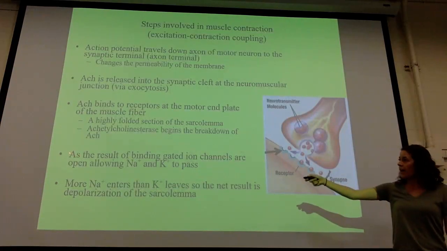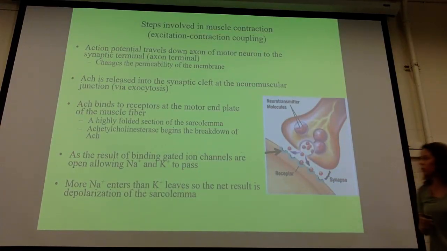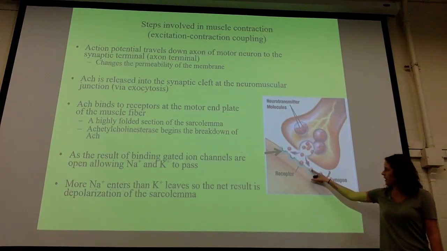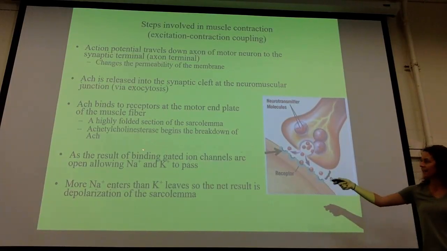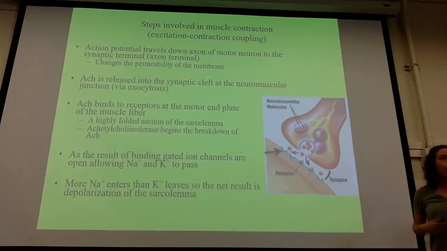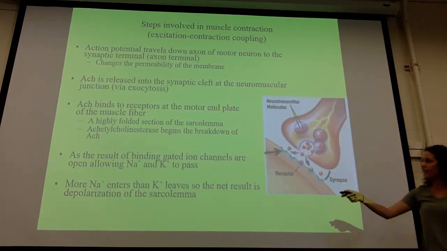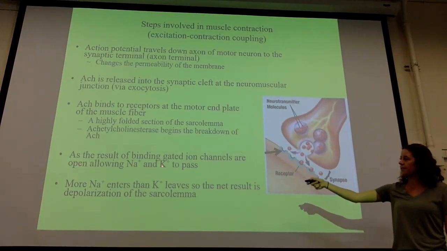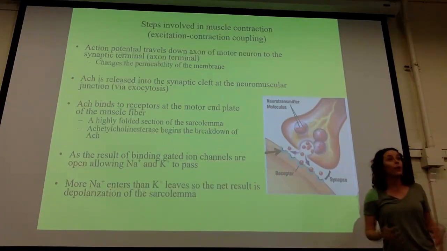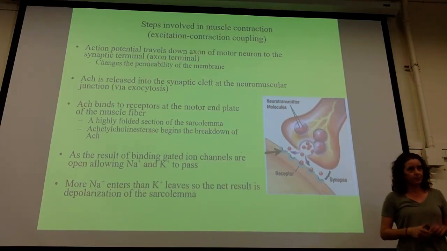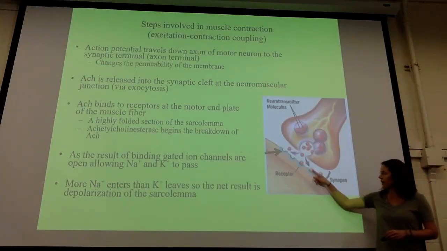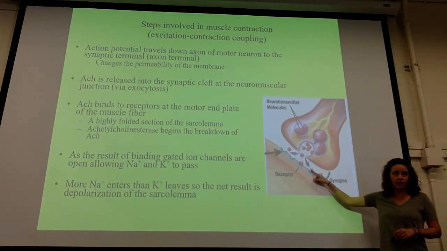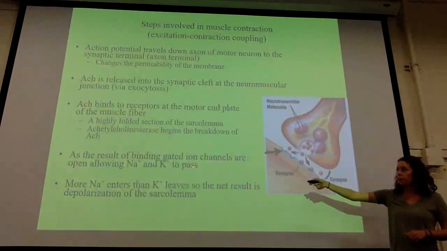Now, as the result of the binding of the acetylcholine to the receptors, gated ion channels are open. This allows sodium and potassium to pass. Okay, this is an important step. The whole purpose of acetylcholine coming down and attaching to these receptors is to open these gates.